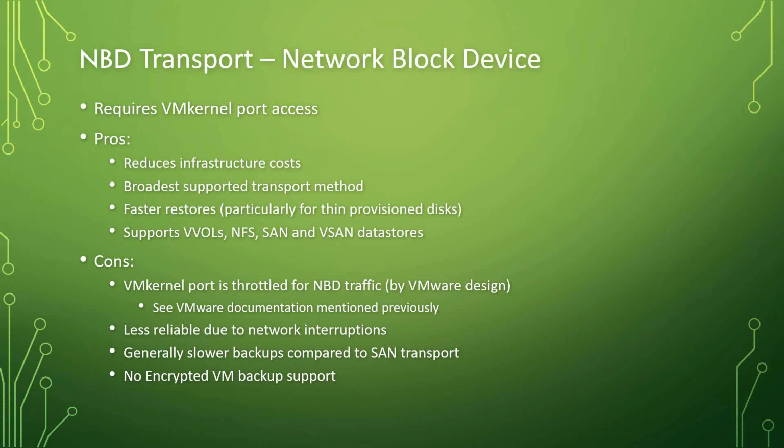It is typically slower than your SAN transport because it is over IP traffic. And you still do not get encrypted VM backup support. So if you're using VMware's virtual machine encryption, you're not going to be able to back it up using NBD.